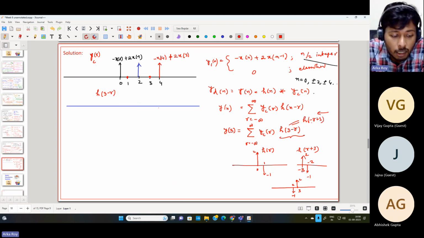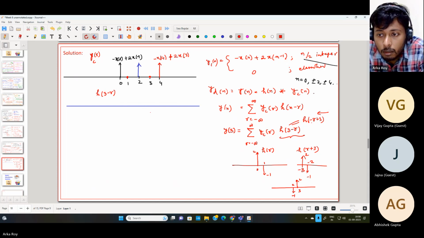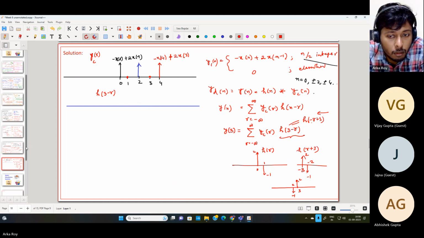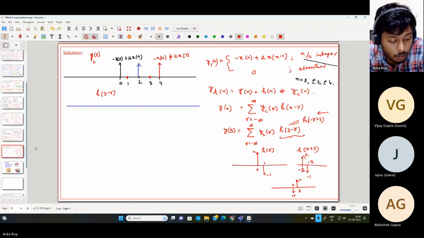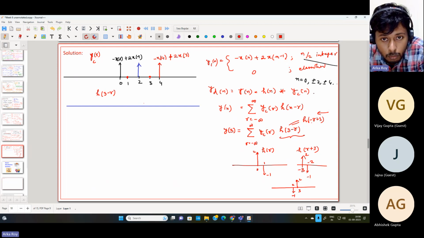So h of 3 minus r has values in 2 locations. At this particular location it has got nothing, here also it has 0, and at the 0th location there will be no value.